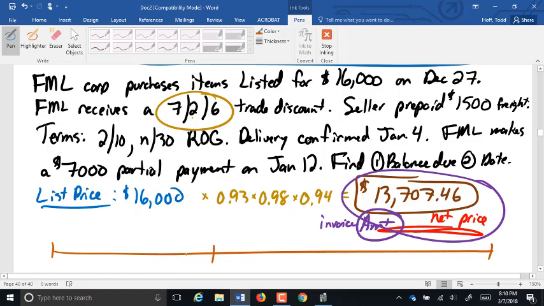Timeline starts on what date? January 4th. Discount of what percent? 2%. Ends on January 14th. The credit period ends on February 3rd. Very good. So the outstanding balance is going to be due on February 3rd. We found that part already.